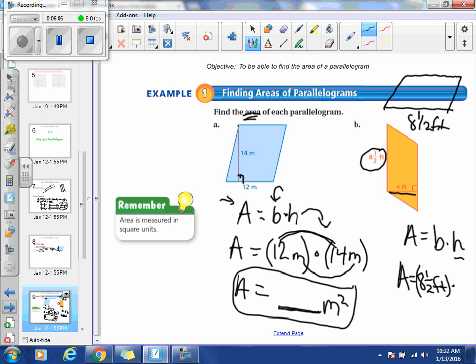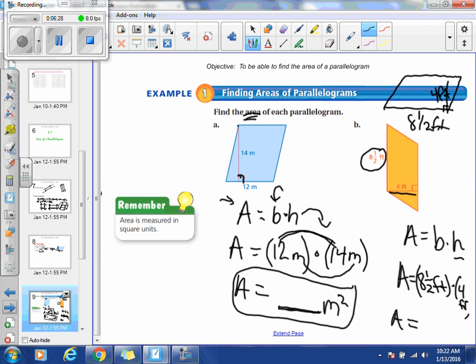And my height of this parallelogram then would be the distance from the top straight line, right angle, to the base. So my height of this parallelogram would be 4 feet. So I'm going to take 8.5 times 4 feet. All right?